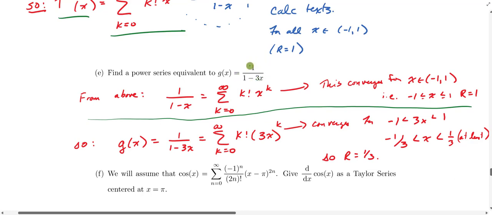We could also have the discussion, and it is true, that this function g of x equals this function right here. They're equivalent, but this again only holds for a certain interval. Because the interval of convergence for the original function was negative 1 to 1, or the radius of convergence is 1, if I go ahead and replace this with a 3x here, notice what that does to my interval of convergence.